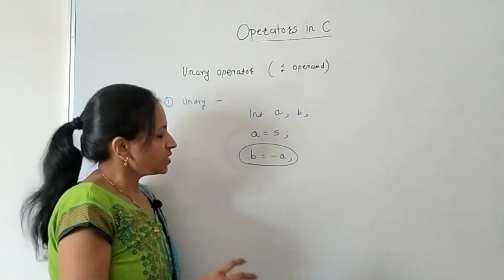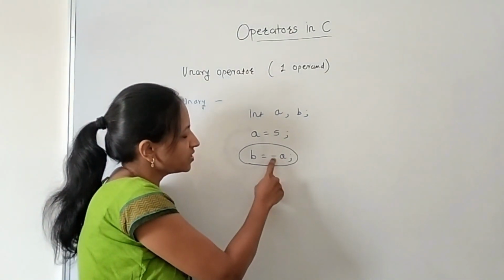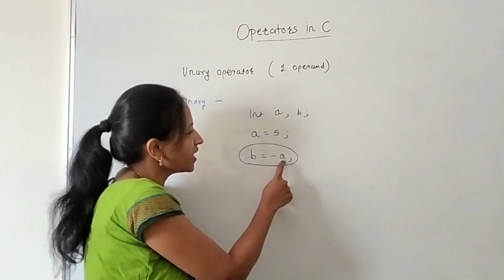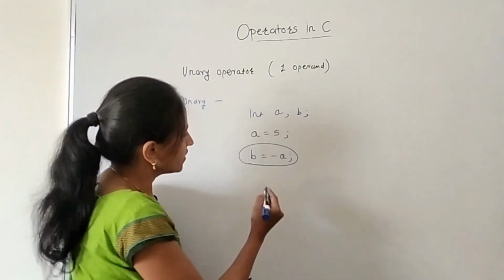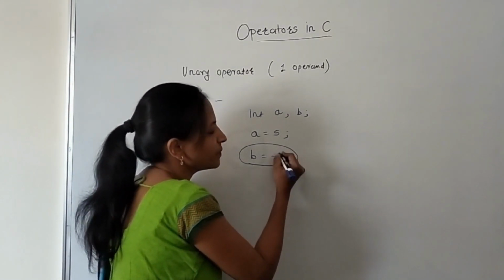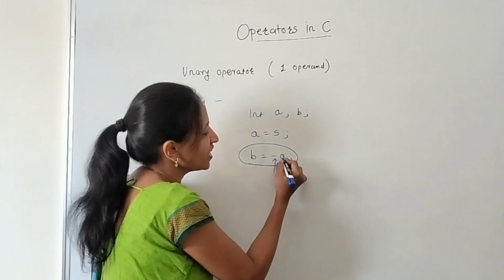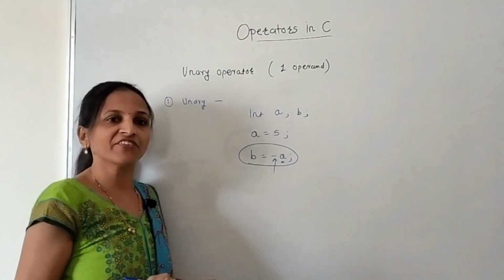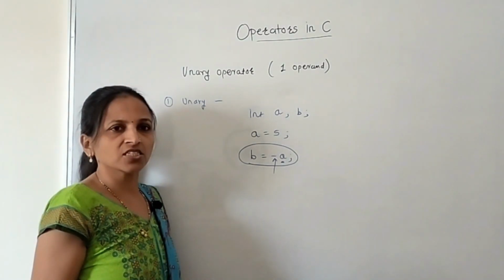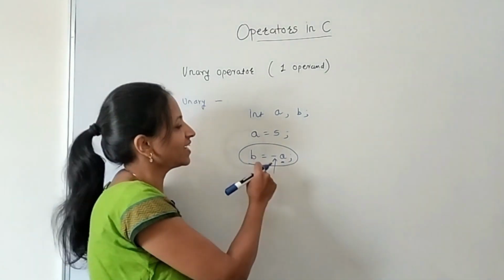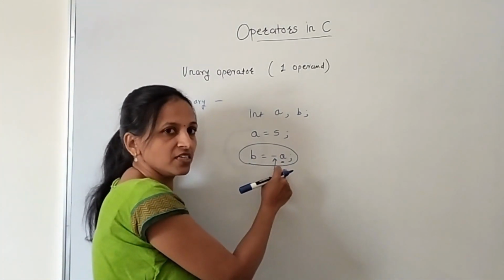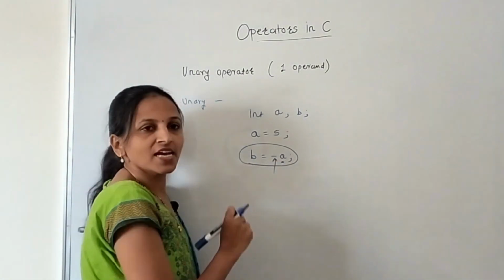Now, if we write minus here and a here, how does it work? The value of a is 5 and this minus operator will negate that value, giving minus 5. a will not change here; only the negated value, minus 5, will be stored inside b.